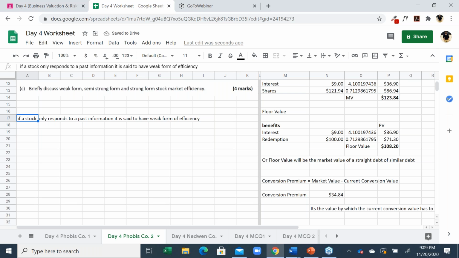So what does this mean? Theoretically, no stock market in the world has this level of efficiency, and it will be understood in a while why that is so.